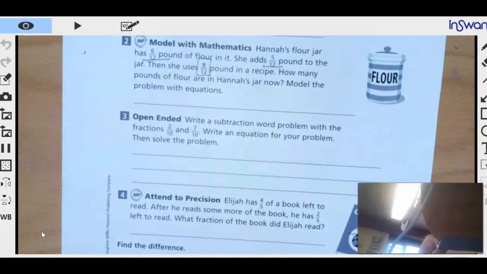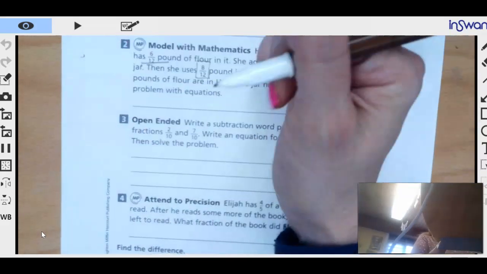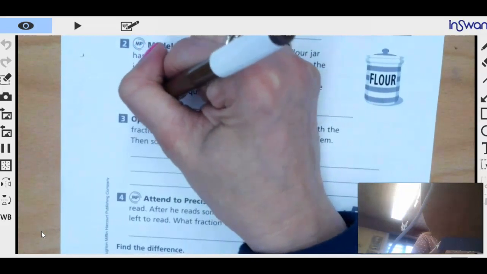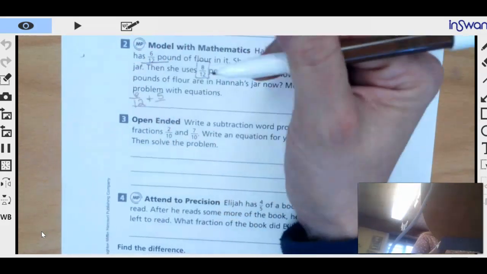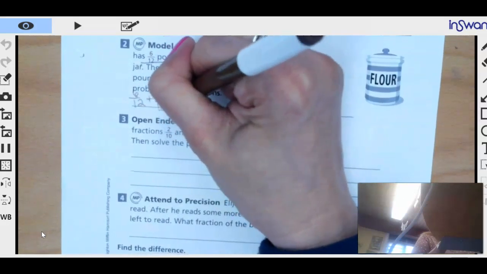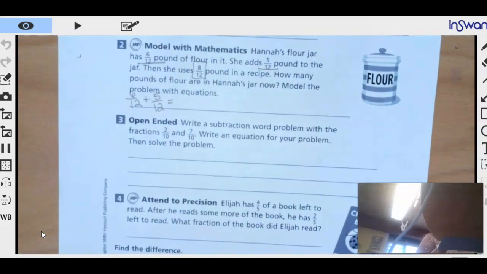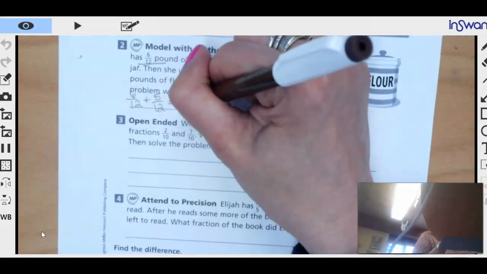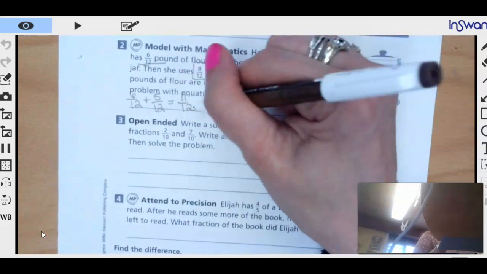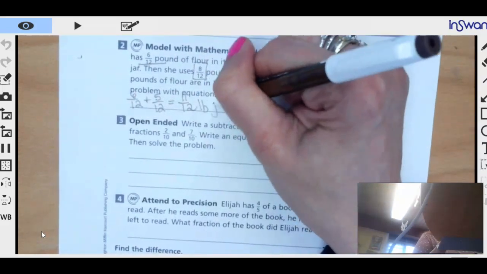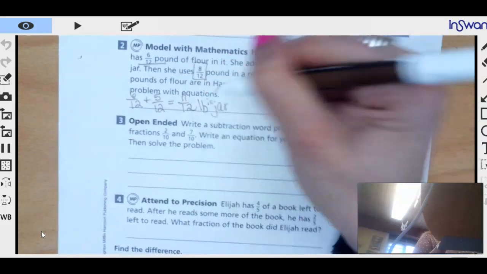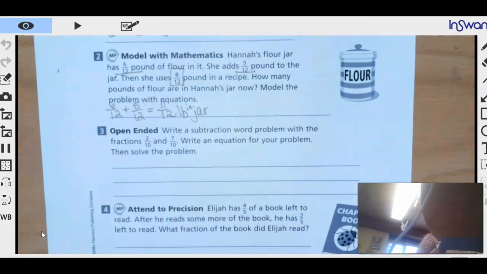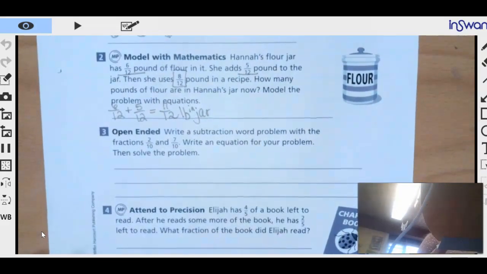What are we adding, Gemma? 6/12 and 5/12. Yeah, so Gemma says first we need to add the 6/12 to the 5/12. So what are we going to get? 11/12. Okay, so 11/12 pounds are in the jar right now. Then what are we doing with that 11/12?